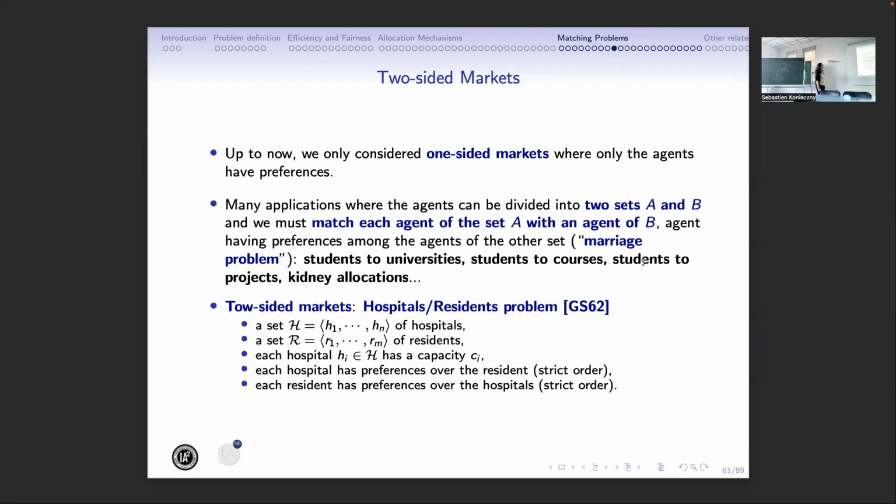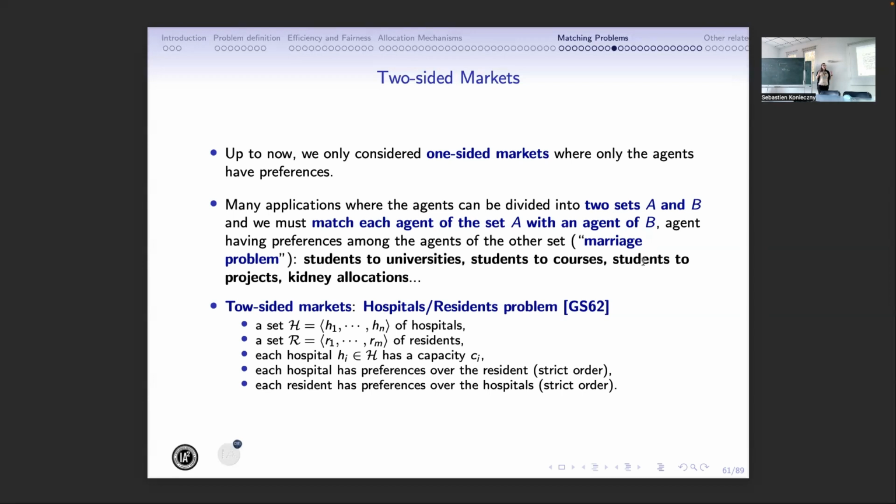Okay, so I would like to finish with what we call two-sided markets. In all that I said, I considered that I have agents who have preferences over resources, and we have resources.